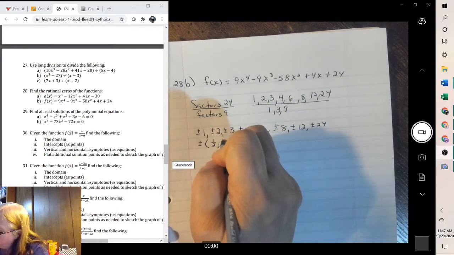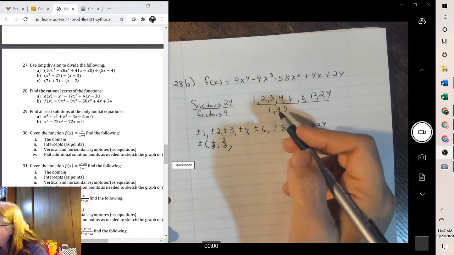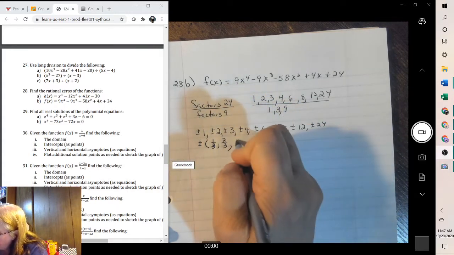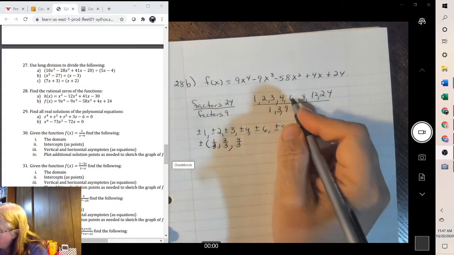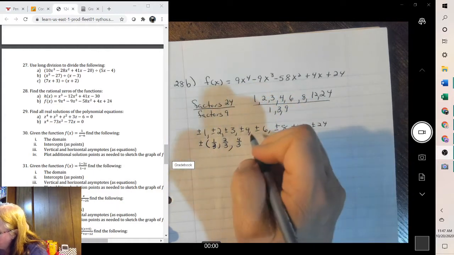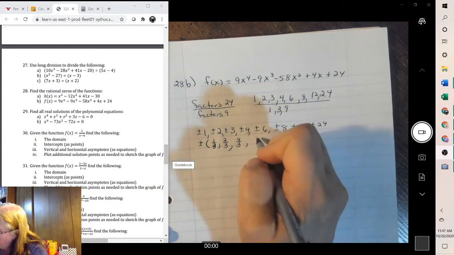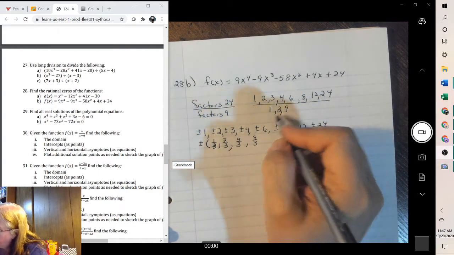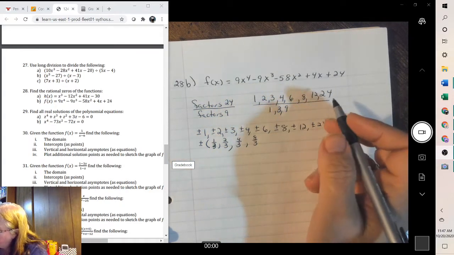1/3, 2/3. Then 3 over 3 is 1. 4/3. 6 over 3 is 2. 8/3. 12/3 is 4. 24/3 is also up there.